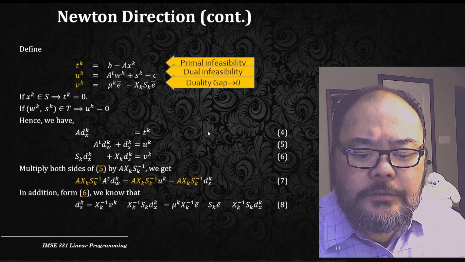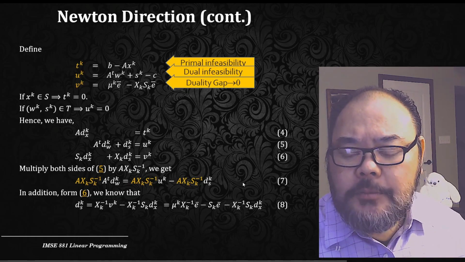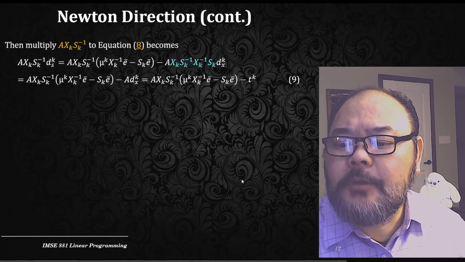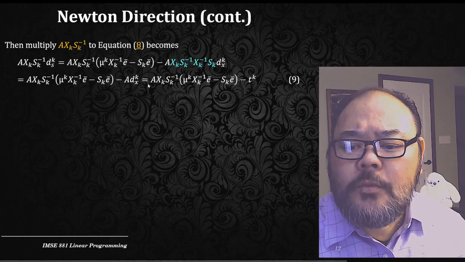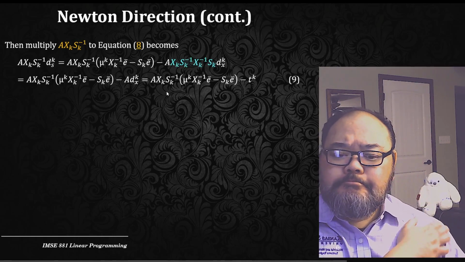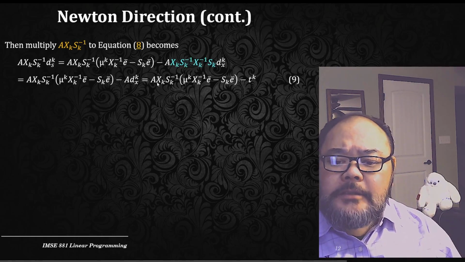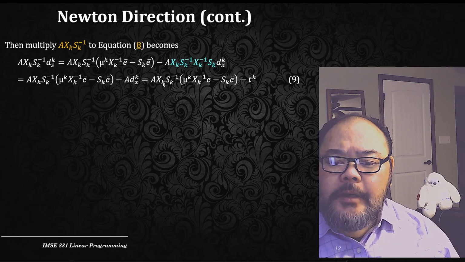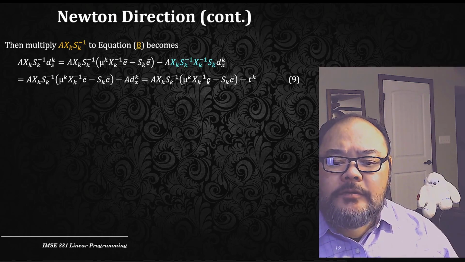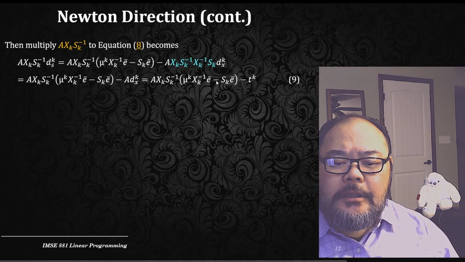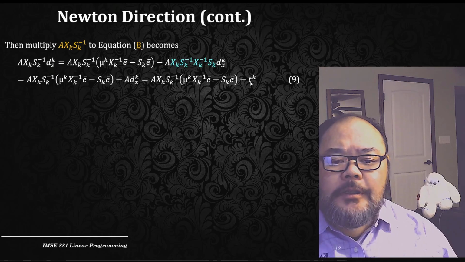Again, let's look at equation A. I'm going to multiply both sides of equation A by A times Xk times Sk inverse, and I can get A times capital Xk times capital Sk inverse times (mu k times Xk inverse times e minus sk times e minus tk).